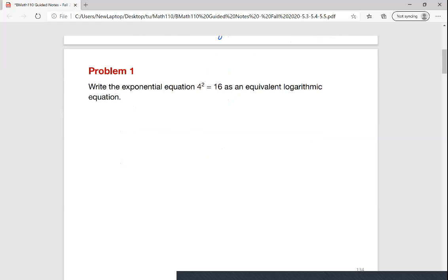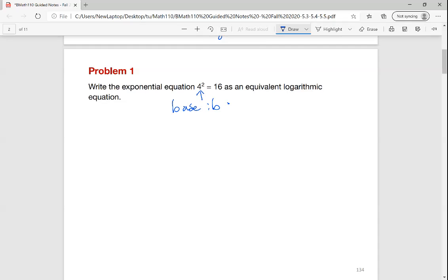So I have one column about writing the exponential equation 4 squared equal to 16 as an equivalent logarithm equation. So in here, what is the base? The base of the exponent is this guy, 4.